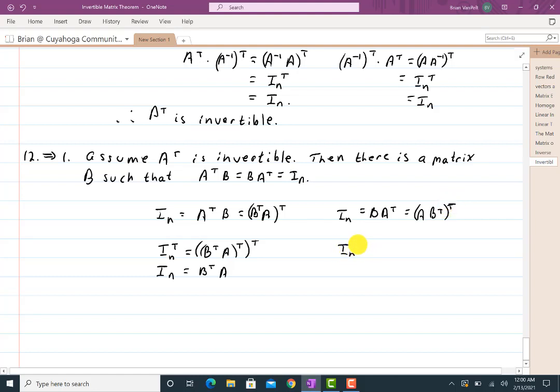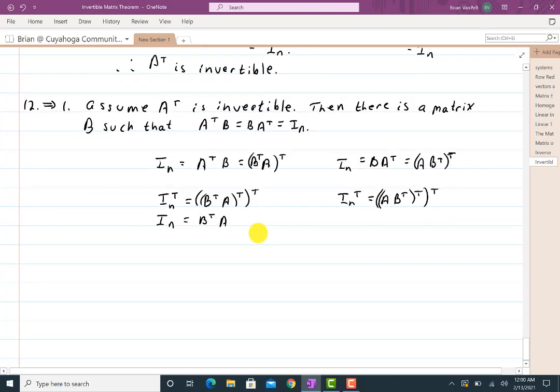So In equals A B transpose. So I have that A has a two-sided inverse, so therefore A is invertible.